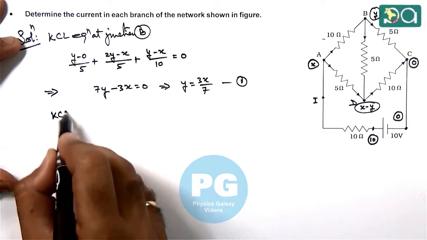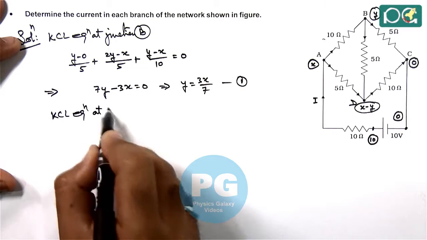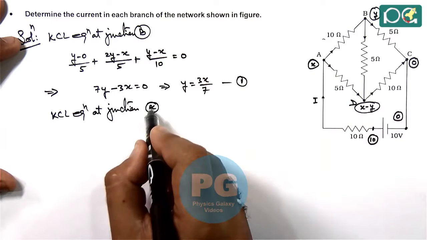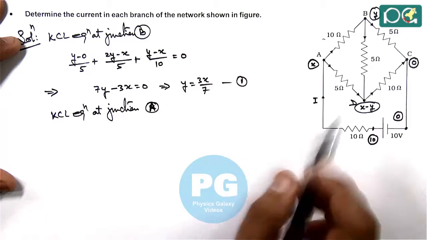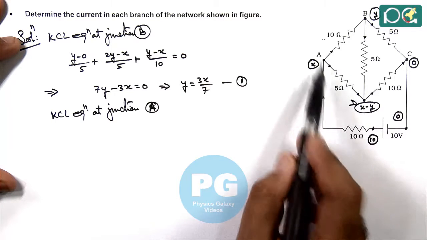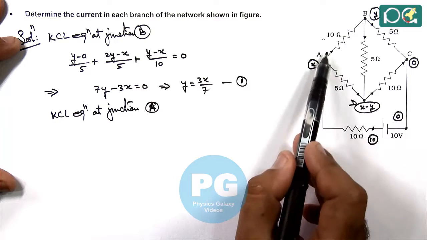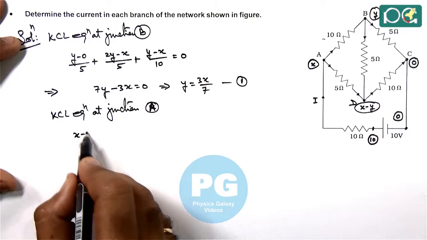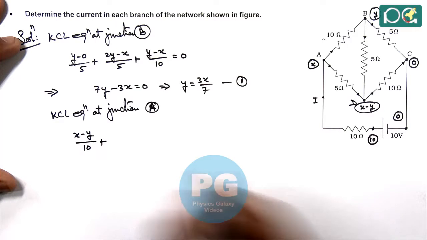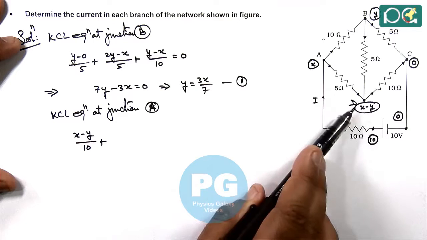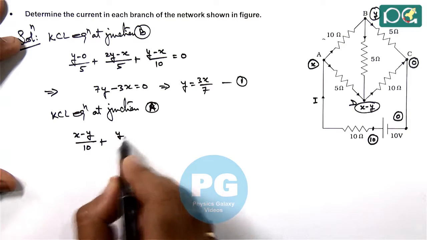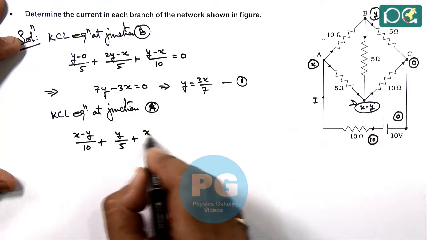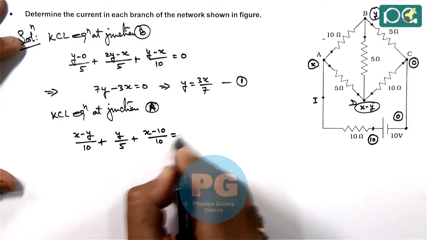Now if we write the KCL equation at junction A, here also there are 3 wires connected at A. We sum up the 3 currents and equate it to 0. The current flowing in this direction is (X minus Y) by 10, plus the current flowing here, (X minus (X plus Y)), so this is Y by 5, plus the current flowing here, (X minus 10) by 10, should be equal to 0.